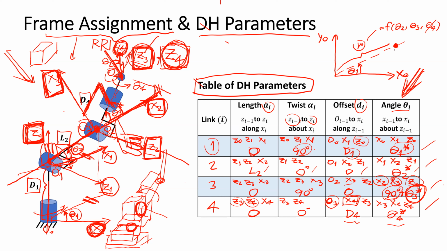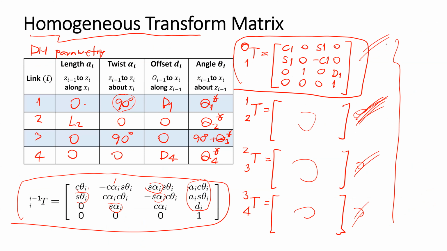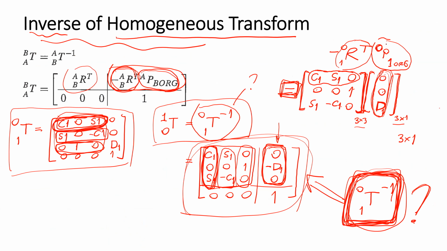And the position of the endpoint at the origin of frame 4, if we look from the top view, Px and Py, the ratio between Px and Py corresponds to the inverse kinematics.